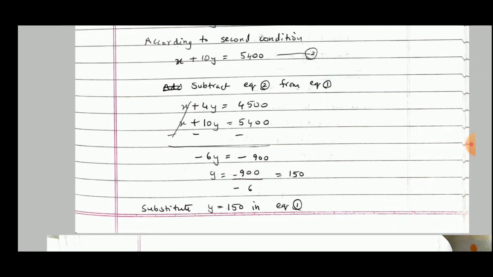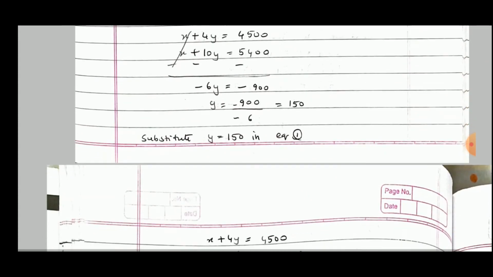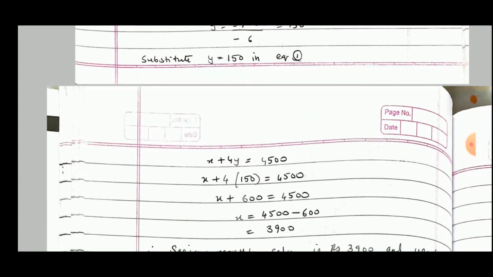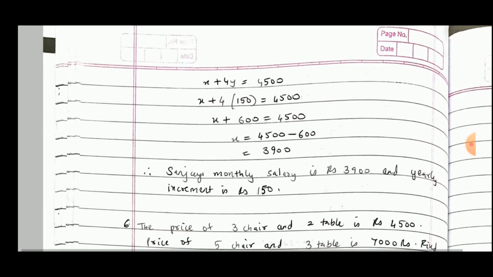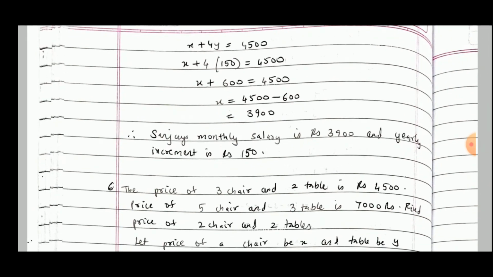Substitute y is equal to 150 in equation 1: x plus 4 into 150 is 4,500. So x plus 600 is equal to 4,500. So x will be equal to 3,900. So Sanjay's monthly salary is 3,900 and the yearly increment is rupees 150.